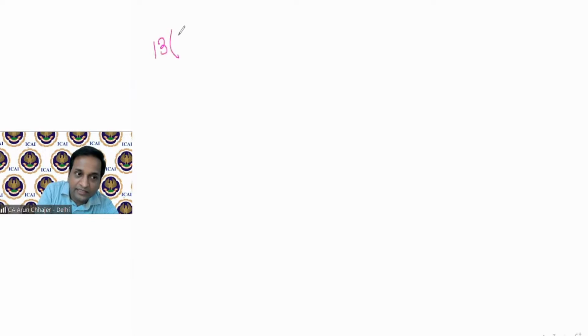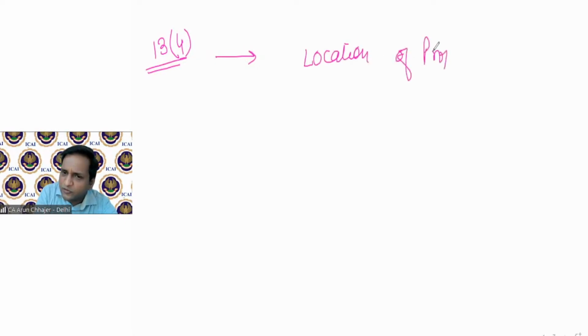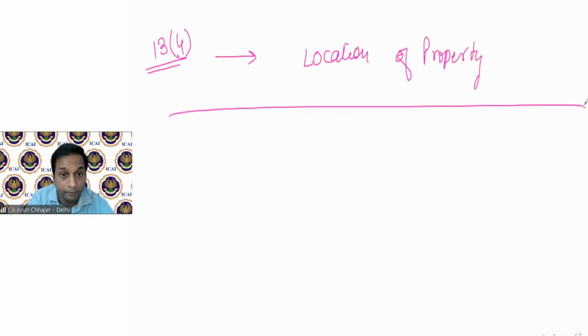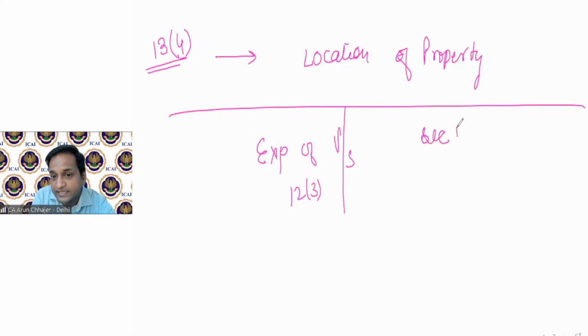Now in section 13, subsection 4, it is very simple: location of the property. But now try to understand the explanation of section 12 subsection 3 versus section 13 subsection 6.